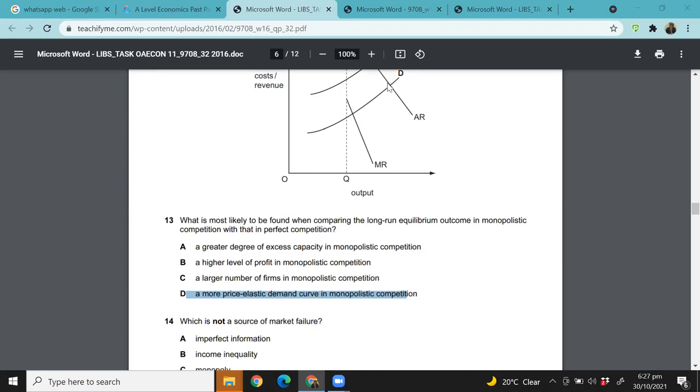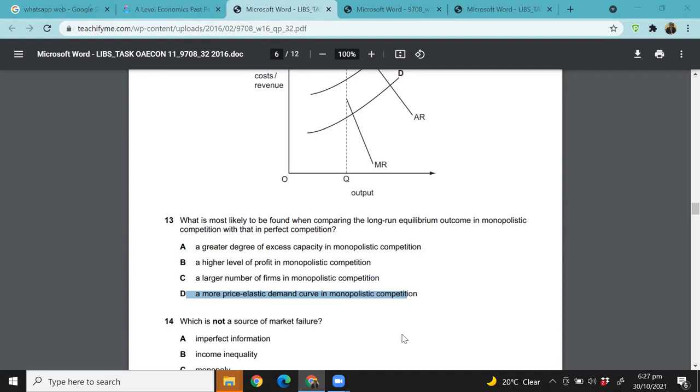No. So what did we discuss? Isha, do you remember that out of these two market structures, which market structure has more firms? Is it perfect competition or monopolistic competition? Perfect competition. Very good. So why could C not be the answer then?